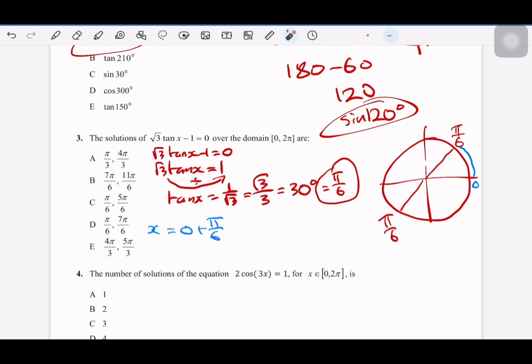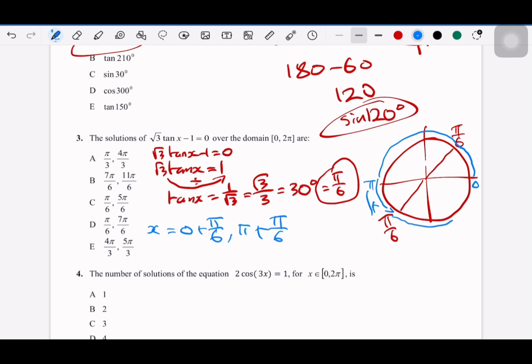You keep going all the way over here until you reach pi. And you notice that if you keep going, you reach another pi on 6, which means pi plus pi on 6 would be your second answer.